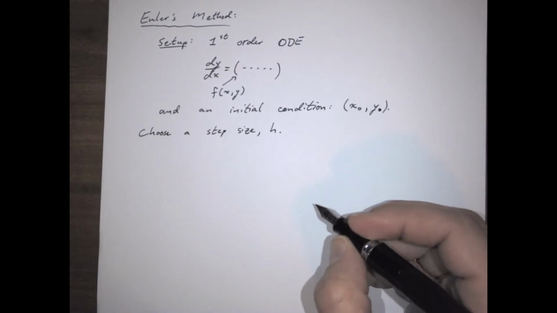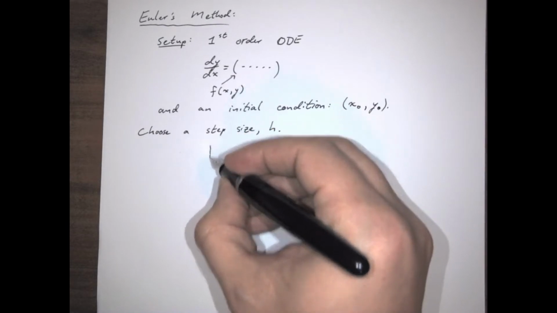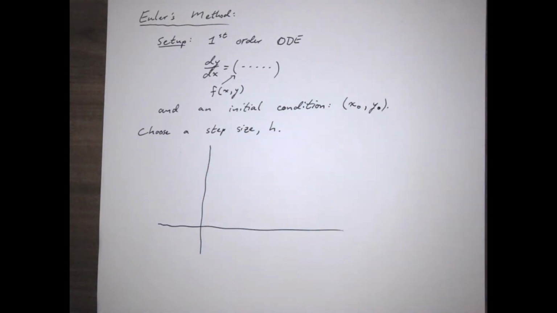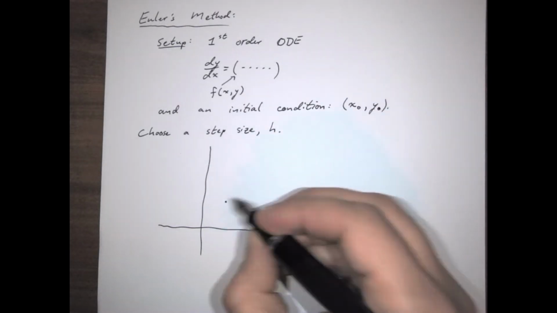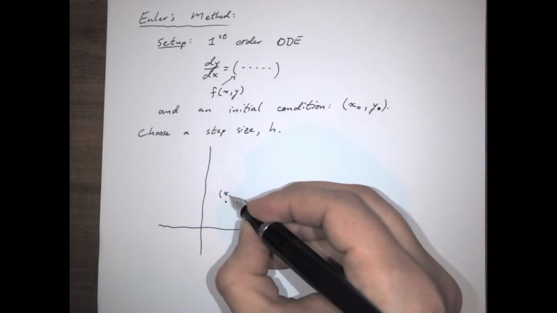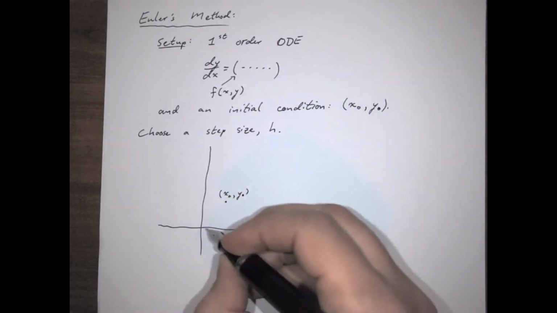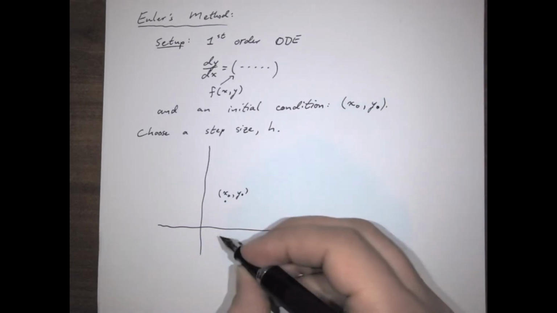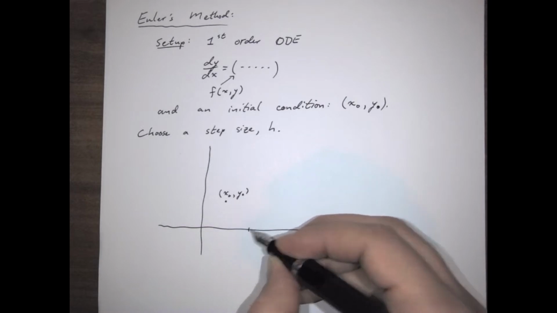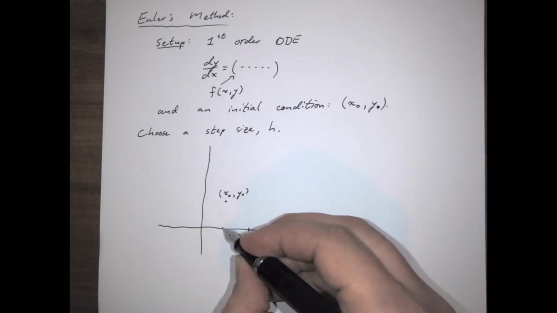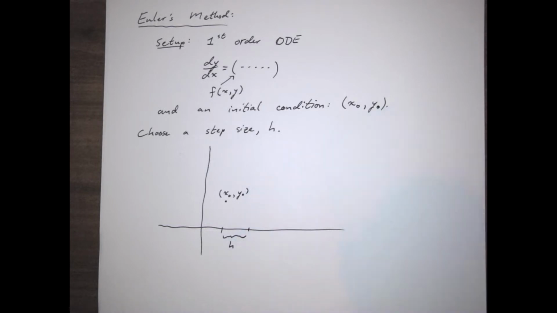Here's how it works. Let's suppose the point right here was the initial condition. Now the idea is we want to go from that y value to the next y value, and let's say that's one step.